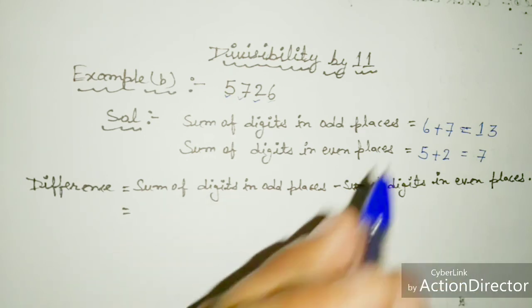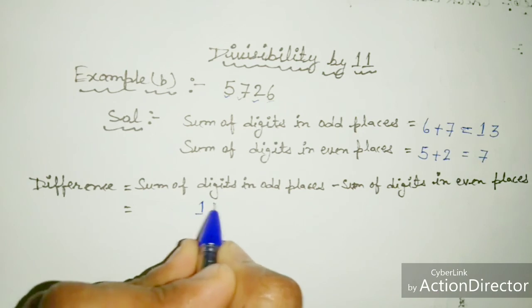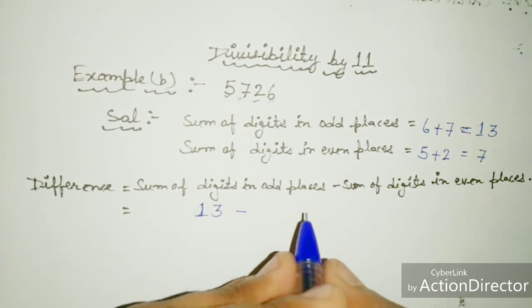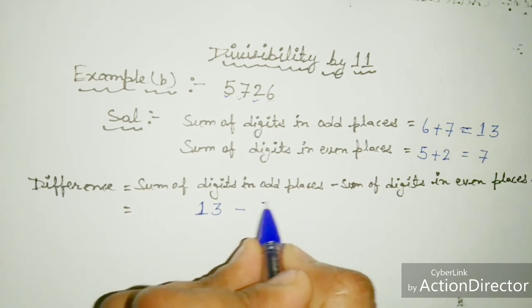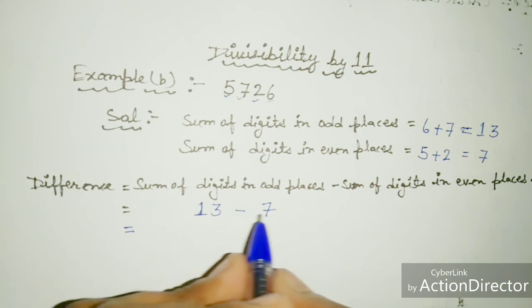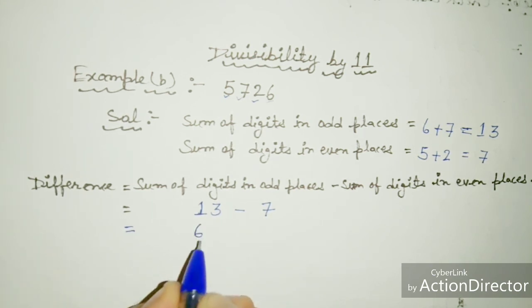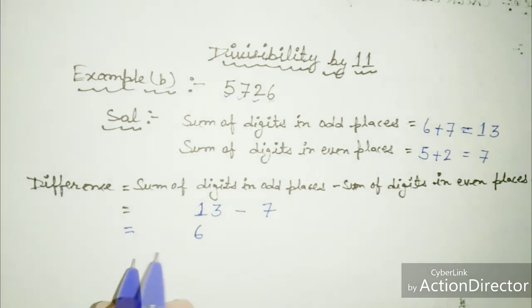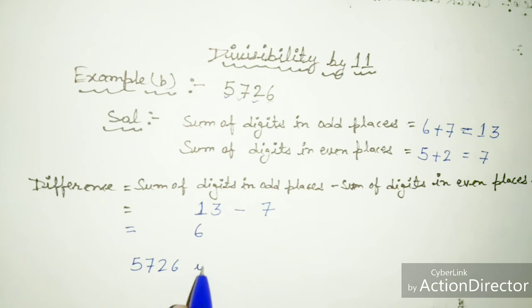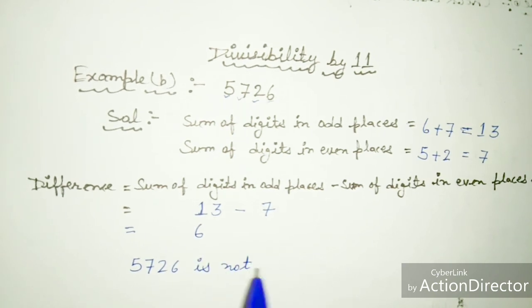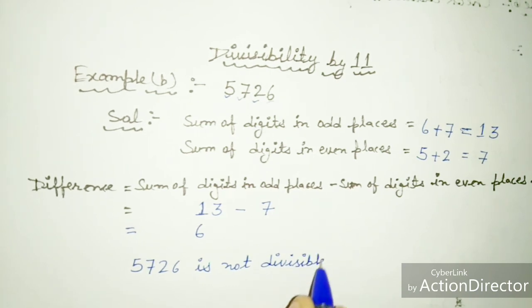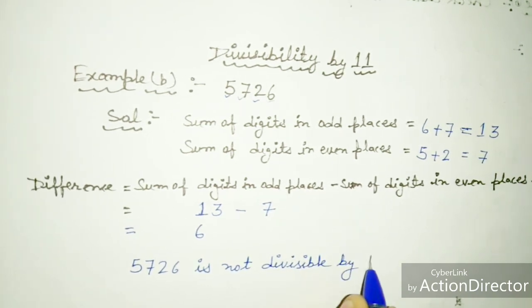The sum of digits in odd places is 13 minus the sum of digits in even places, 7, and 13 minus 7 gives 6. So 5,726 is not divisible by 11.